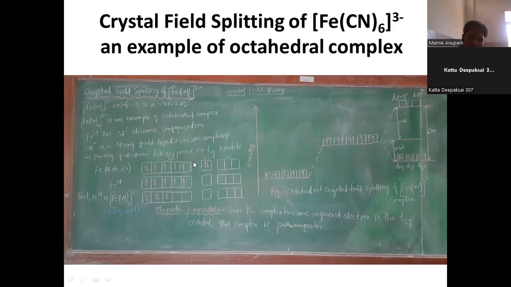Fe3+ means 3 electrons are going from Fe and it becomes Fe3+. When 3 electrons go from Fe, 2 electrons go from here and 1 electron goes from here, and these are the total number of electrons present in Fe3+.